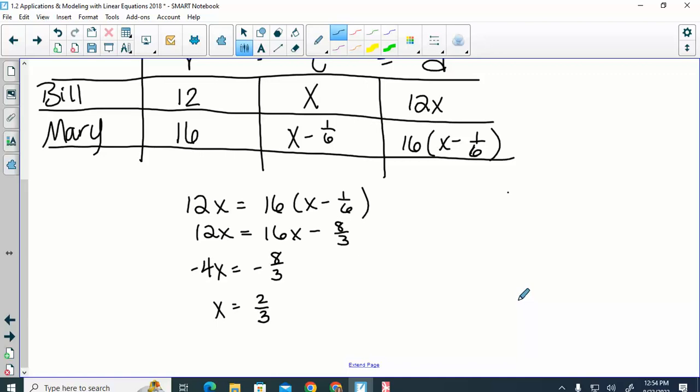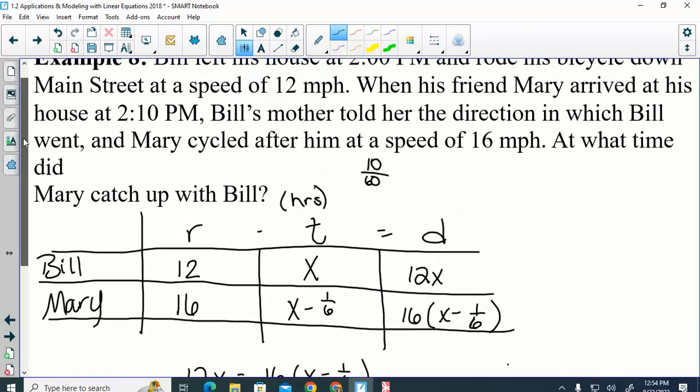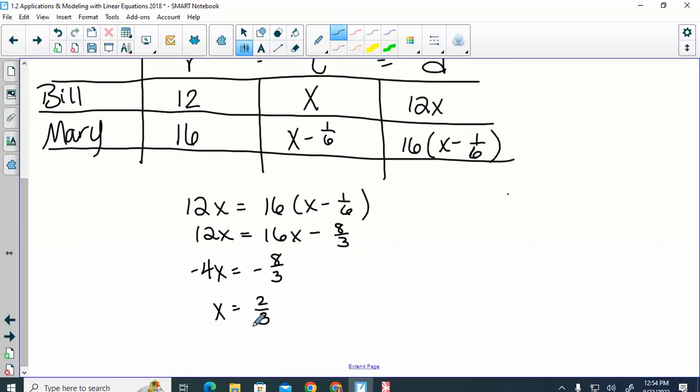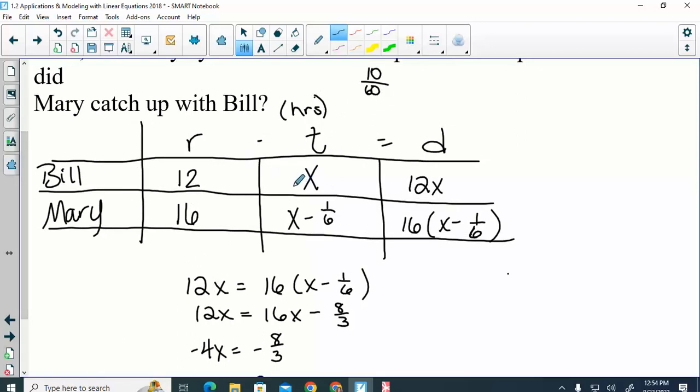So the question was, what time did she catch up with him? So it's been 2/3 of an hour. Can we translate that into an actual time? 1/3 is 20 minutes, so 40 minutes. And that's since Bill started, because X was Bill's time.